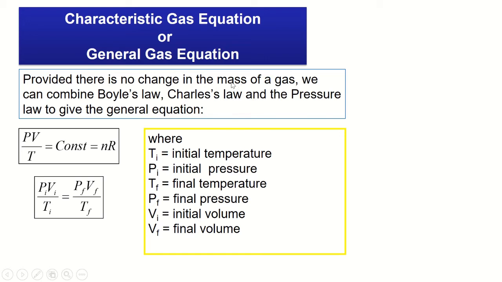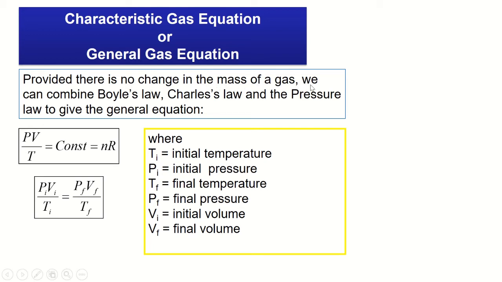So in this box it is saying when there is no change in the mass of the gas, it means if there is no leakage in the gas cylinder, no gas is going outside, mass should be constant.